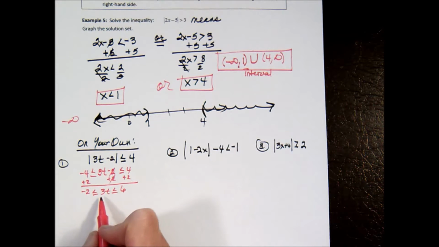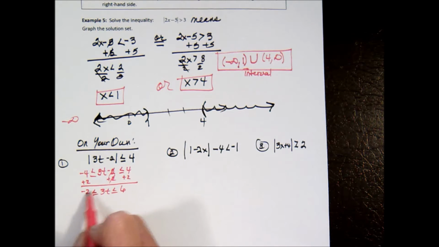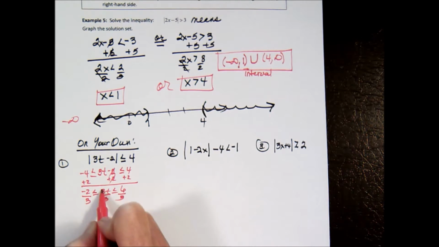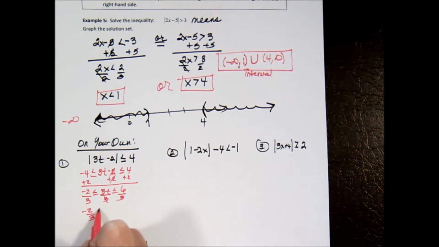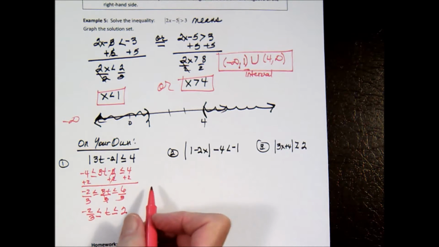And I have 3t is less than or equal to 6, and then on this side I have negative 2 is less than or equal to 3t. So now we divide by 3. We get negative 2/3 is less than or equal to t is less than or equal to 2. I didn't divide by a negative.